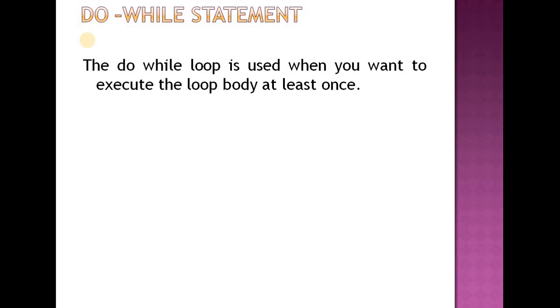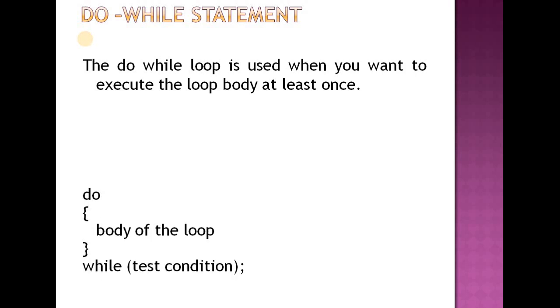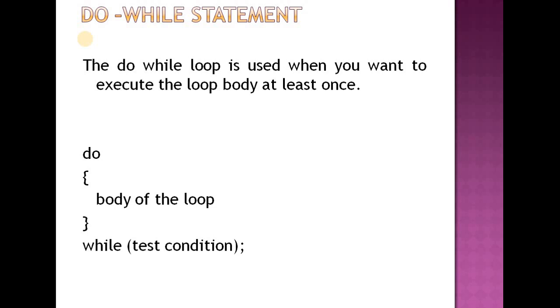The do while statement or the do while loop is used when you want to execute the loop at least once. So for the first time the body of the loop will be executed in case of the do while loop. The while loop construct makes a test of condition before the loop is executed.